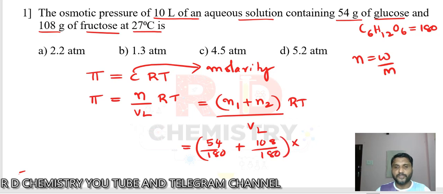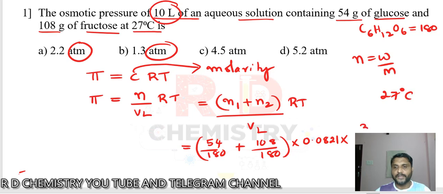Into R. Since they are giving the answer in terms of atmosphere, and volume in terms of liter, I'll be taking 0.0821 liter atmosphere per mole per Kelvin, into the temperature 27 degrees centigrade converted to Kelvin scale, that is 300, divided by volume in terms of liter, directly 10.